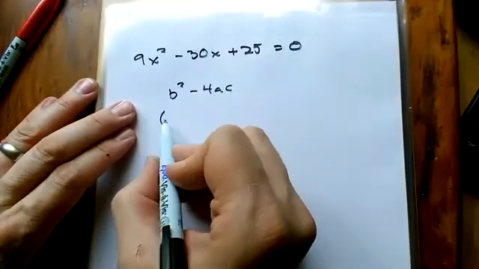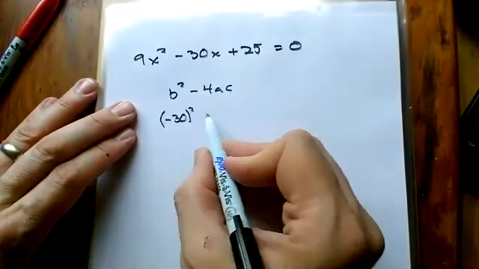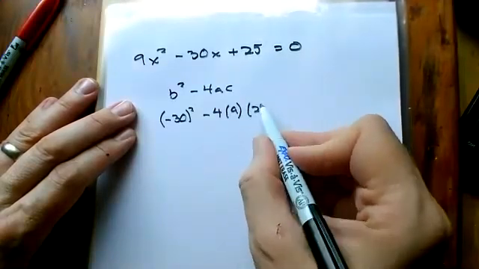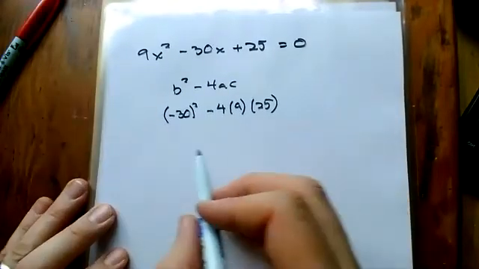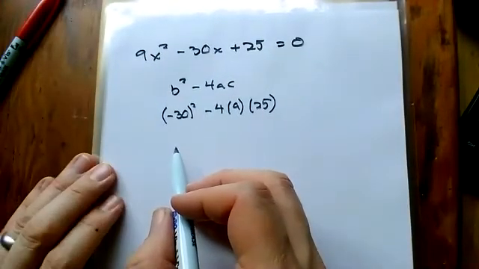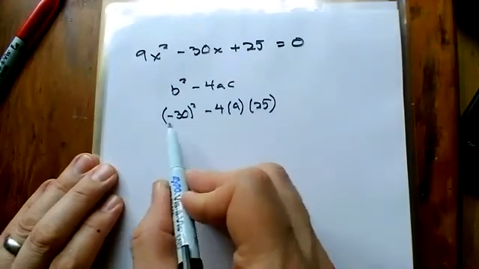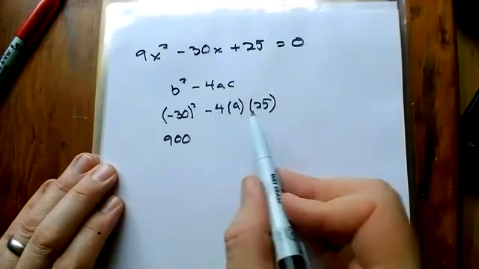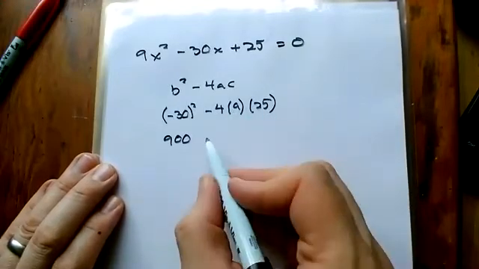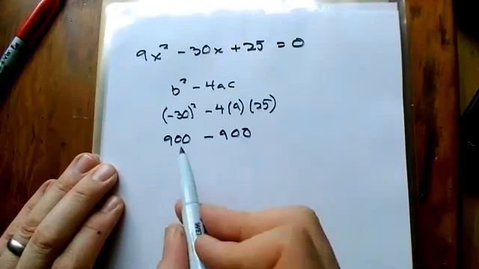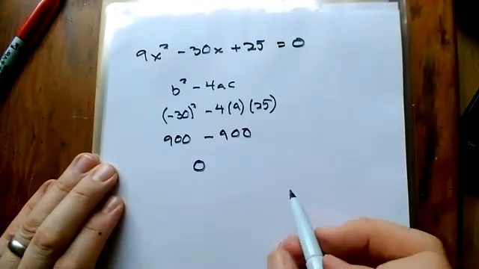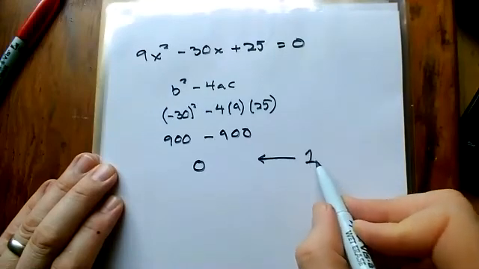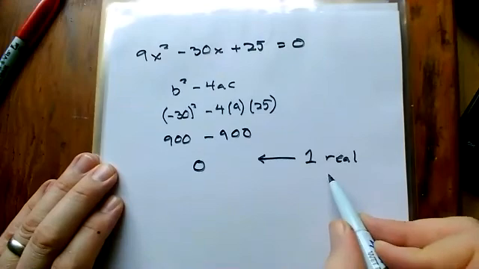Here, b is negative 30 squared, minus 4 times 9 times 25. Well, as big as these numbers are, they're still relatively easy to deal with. Negative 30 times negative 30 would be a positive 900. 4 times 25 is 100. 100 times 9 is 900. 900 minus 900 is 0. Because this is 0, I've got one real solution.